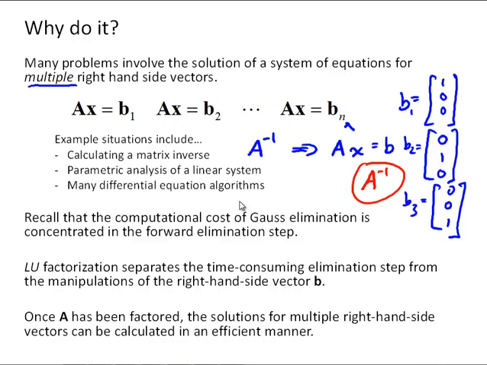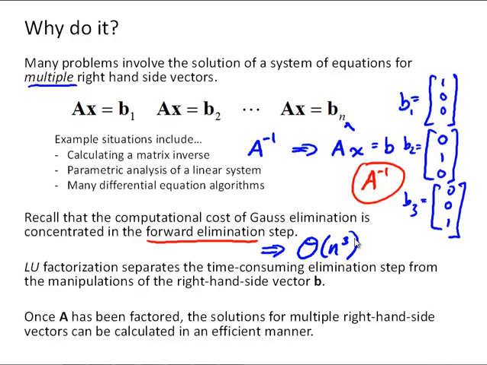Recall that the computational cost of Gaussian elimination is concentrated in the forward elimination step. In that previous video, we saw that that was order n cubed. The back substitution step was only order n squared.